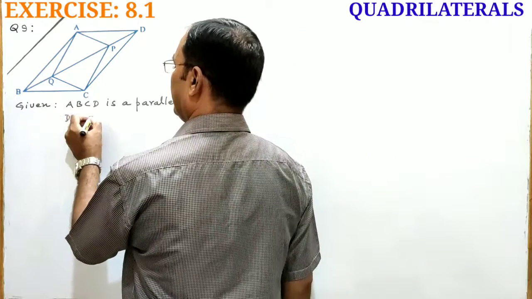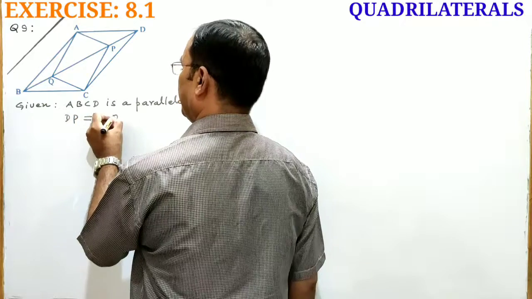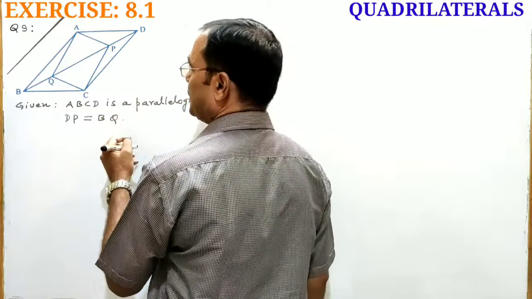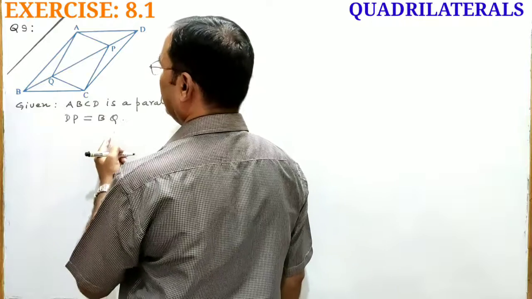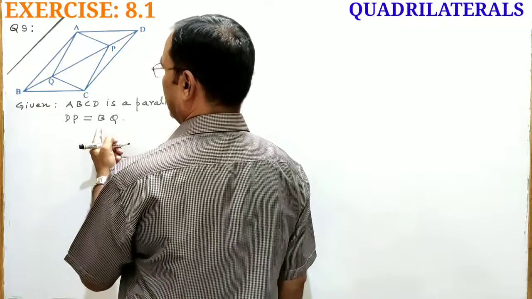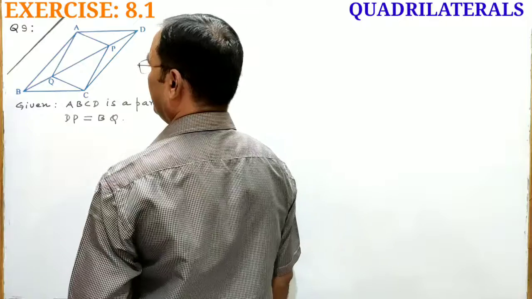DP is equal to BQ. 2 points P and Q are taken on diagonal BD such that DP is equal to BQ.